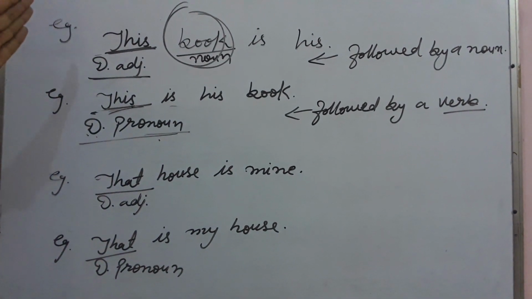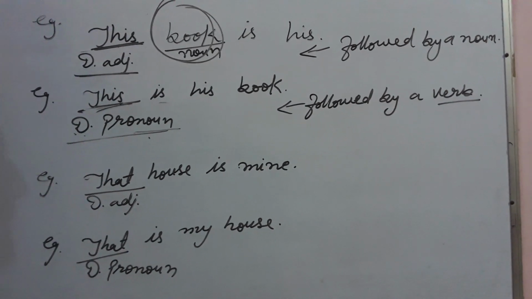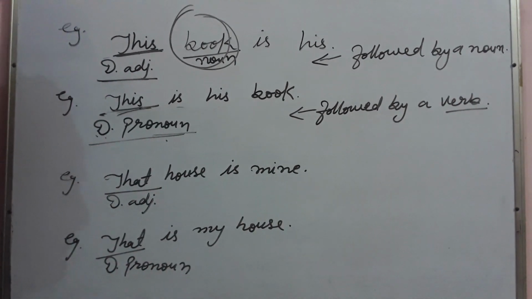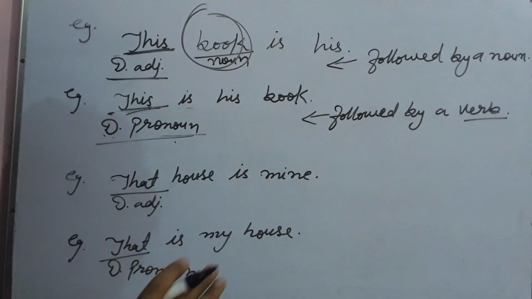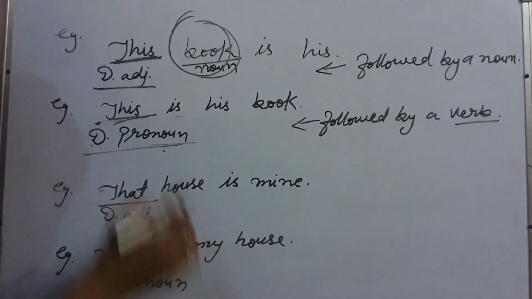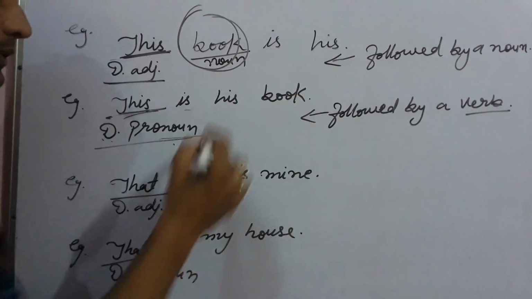And these both words are making indication. If I am saying this book, it means I am making indication to the book. This is his book.